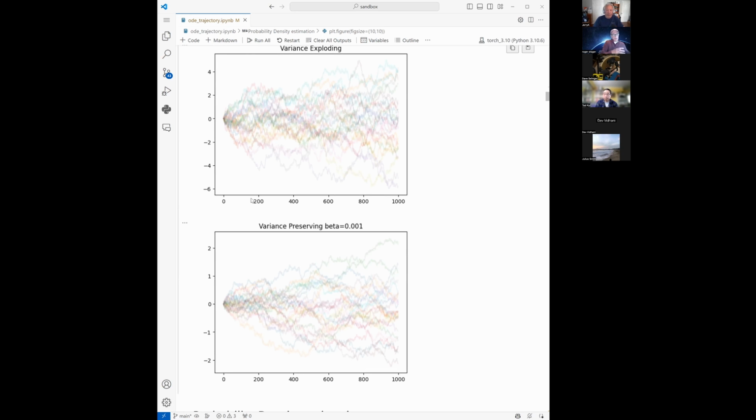So it's the distribution estimated at different times of a large number of stochastic trajectories.